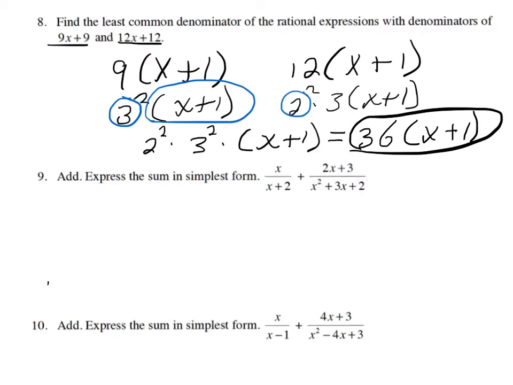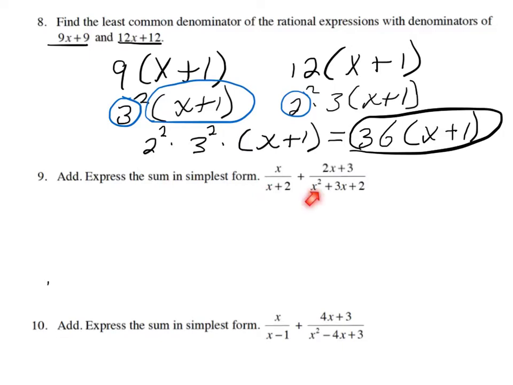Problem number 9, they're asking us to add. To do this problem, first of all, we need to find a common denominator. But in order to find a common denominator, I need to factor. So look at your denominators here. You don't need to factor the numerators, just the denominators. Is there anything that I can factor out? The answer is no. This here is to the first power, so I can't factor that.